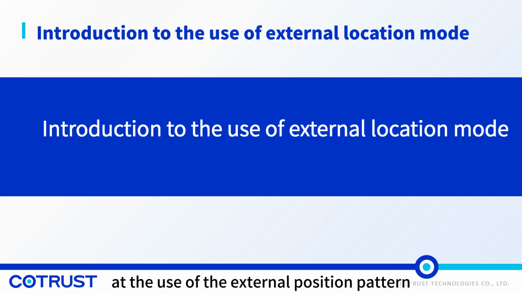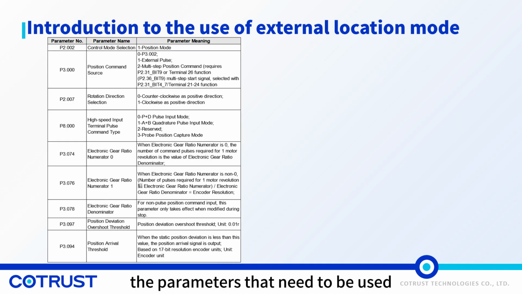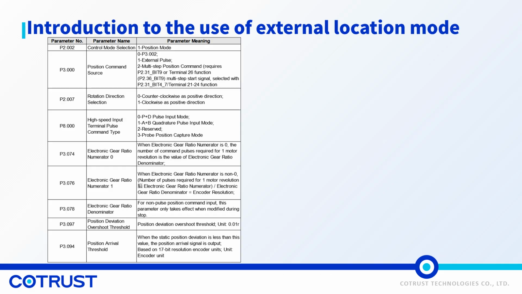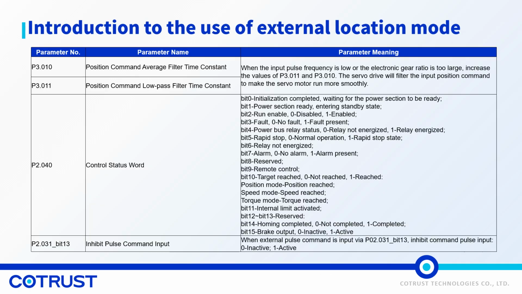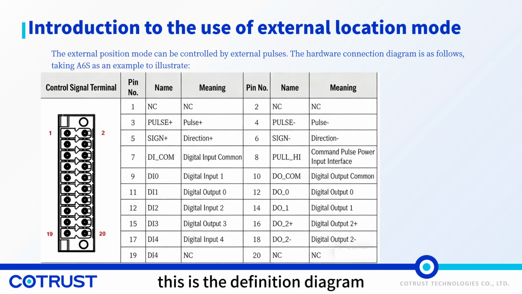Let's look again at the use of the external position mode. The parameters that need to be used in the external position mode are listed here, and the parameters can be configured according to this table. This is the definition diagram of the pins of the servo external terminal.